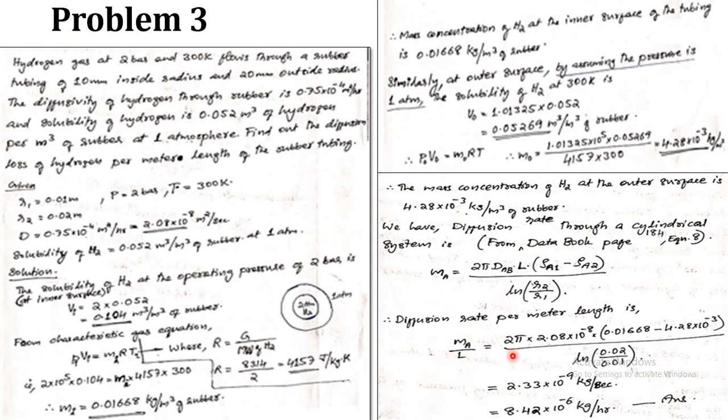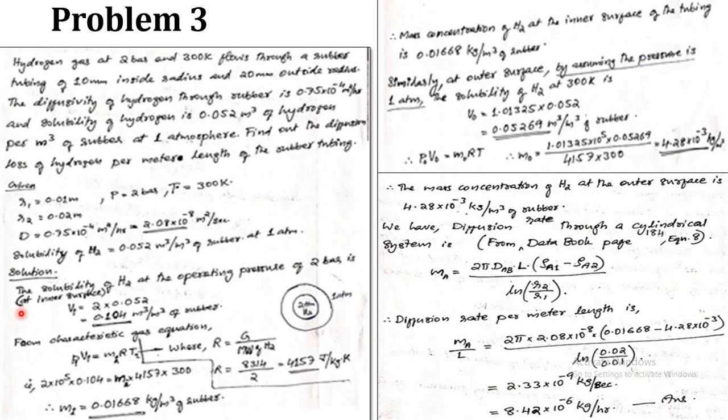So let's put in all the values: inside and outside radius, DAB, and the length. MA comes to 8.42 meter, 6 per hour.